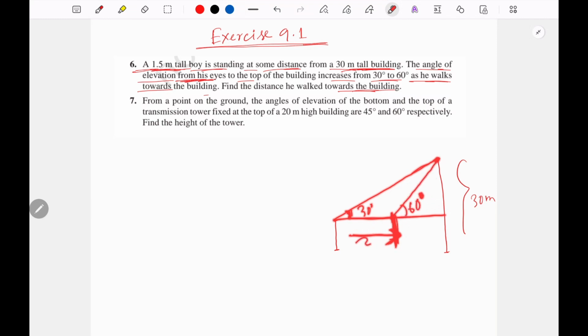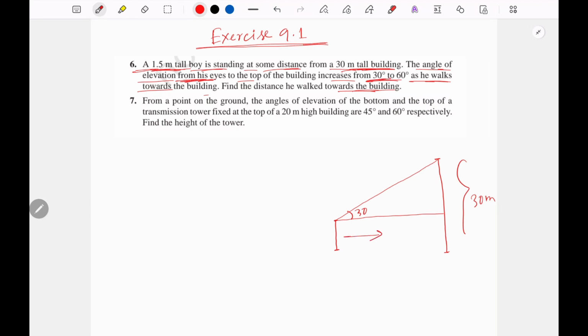Now we need to find how much distance he walks towards the building. So we need to find the distance of this one. So this is our figure. Let's draw this figure. First the angle of elevation was 30 degree. So this is 30 degree. Now as he walks towards the building, the angle increases from 30 degree to 60 degree.